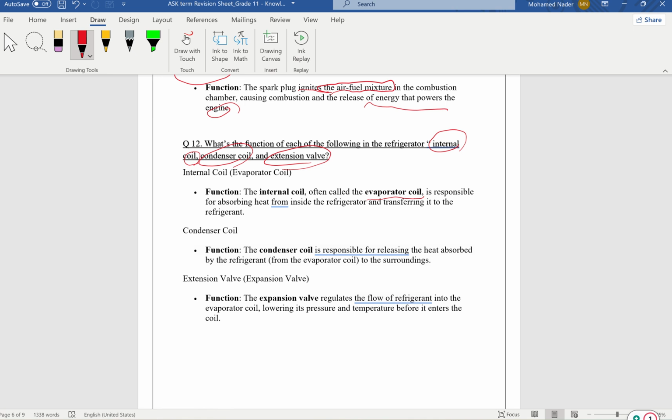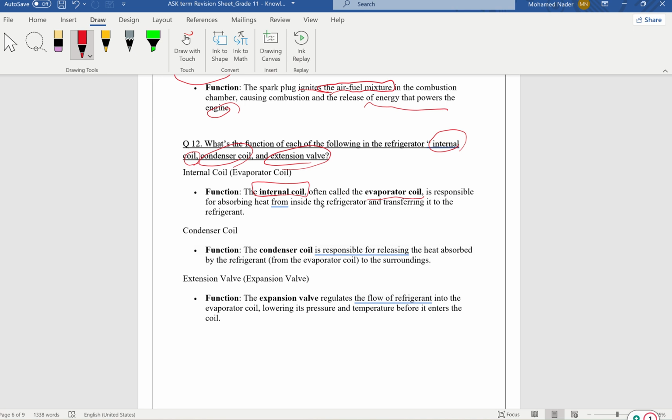How come it will become cold? It will become a cold object after a while, because the total amount of heat inside the soup will be absorbed by something called the internal coil. It will absorb all the heat and will make it cold.